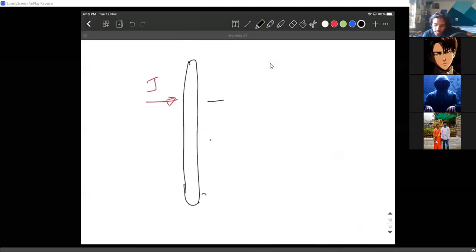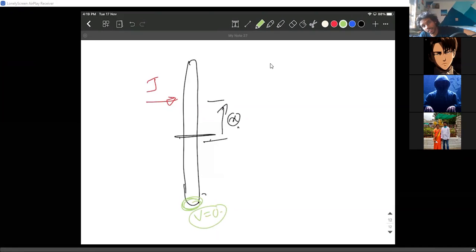By what distance from the center of mass should I give it so that the bottommost point's velocity is zero? This is the kind of question that you can get. Note this down as homework and try to do it. By what x value should you give the impulse such that the bottommost point's velocity is zero? This is a very interesting and good question.